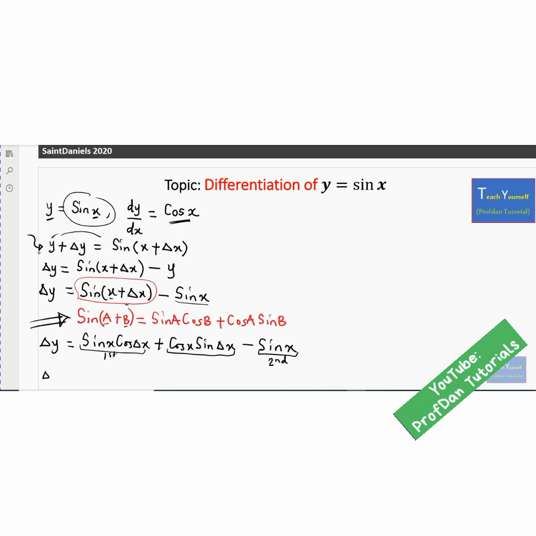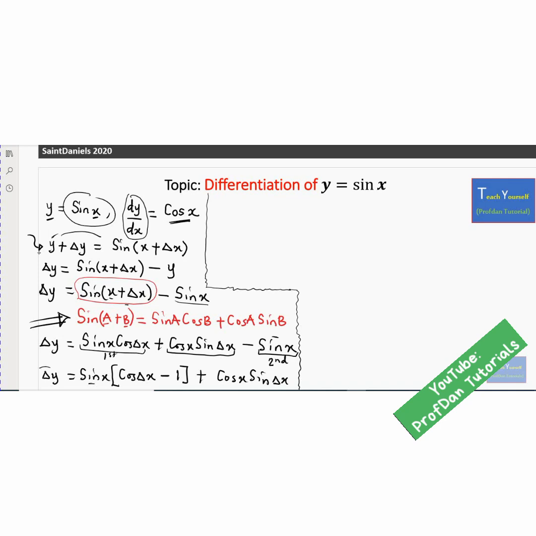By factorizing that, we have delta y equals sine x times cosine of delta x minus 1, since factorizing sine x leaves us with 1, and the second term, plus cosine x sine of delta x. Our interest is to get something like the differentiation of y with respect to x.